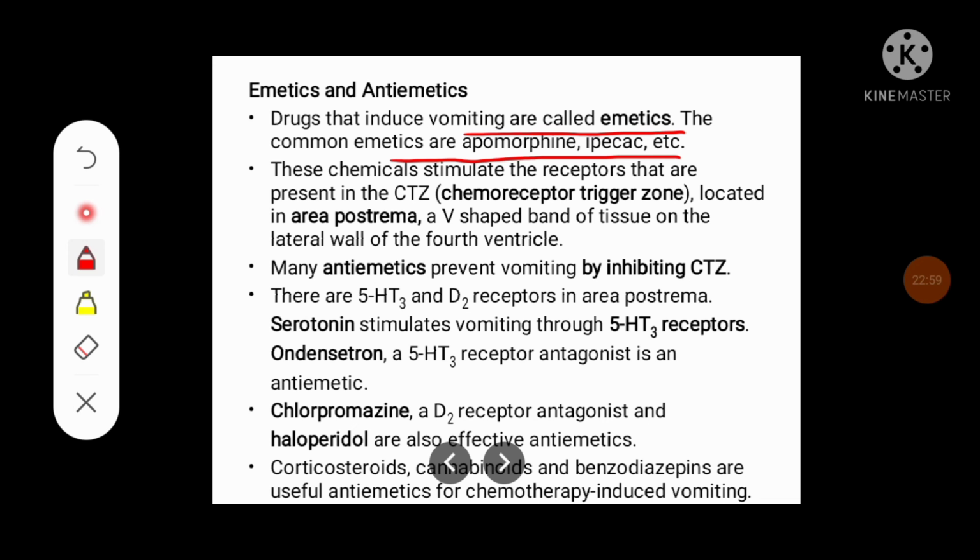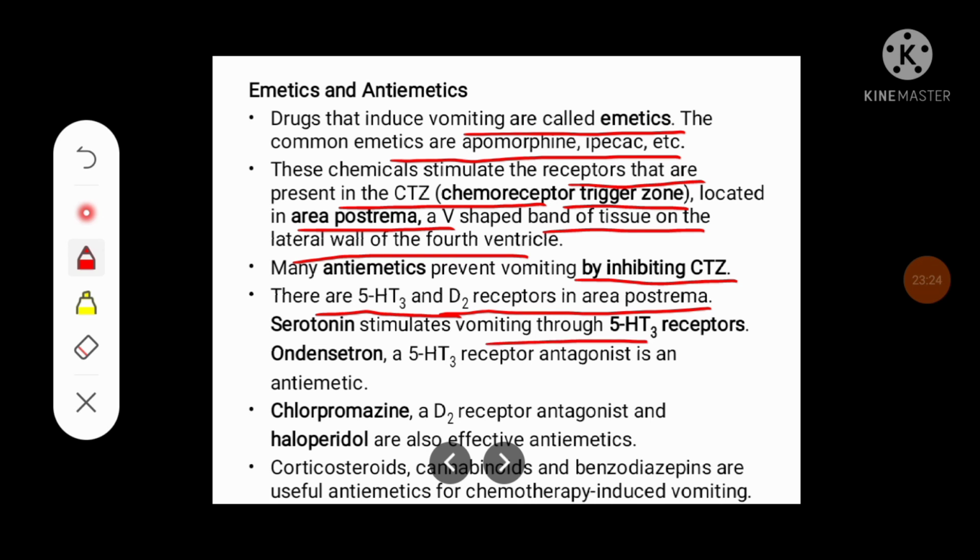These chemicals stimulate the receptors present in the CTZ, the chemoreceptor trigger zone, located in the area postrema, a V-shaped band of tissue on the lateral wall of the fourth ventricle. Many anti-emetics prevent vomiting by inhibiting the CTZ. There are 5-HT3, that is serotonin, and D2 receptors in the area postrema. Serotonin stimulates through the 5-HT3 receptors, and ondansetron, a 5-HT3 receptor antagonist, is an anti-emetic.